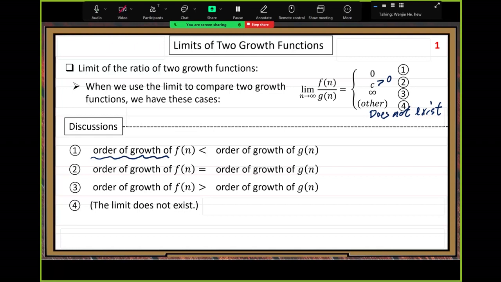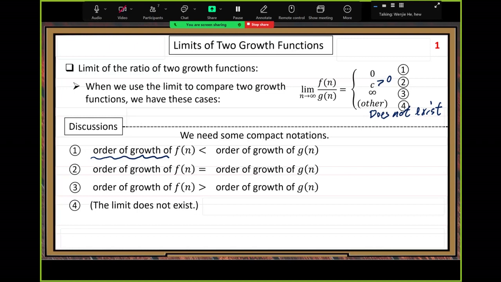So for case number 4, we need to find a different way to compare these two functions, because the limit way cannot provide us any useful information. So we need to look at some non-limit way to get more useful information. That's another important part we need to do.